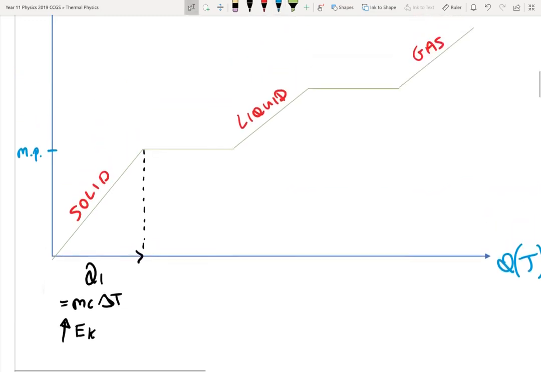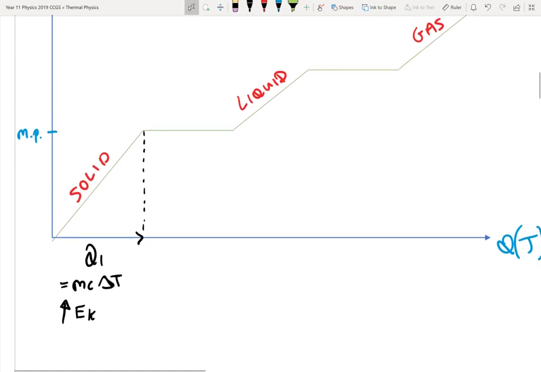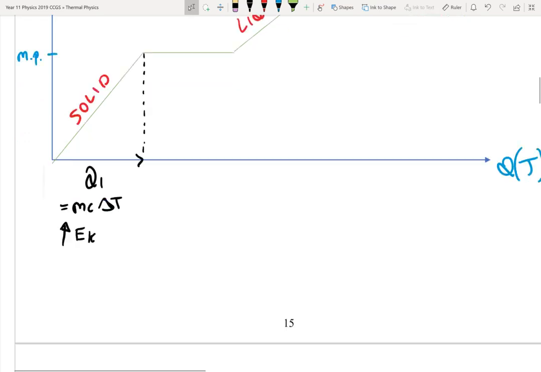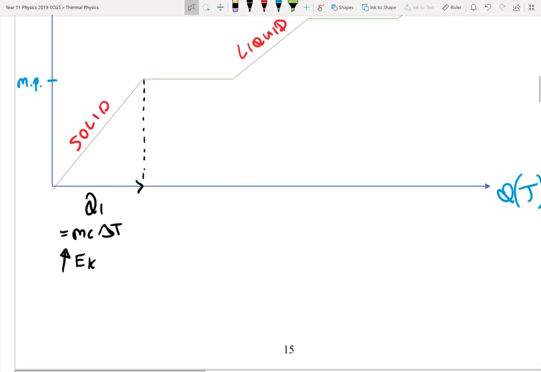If it was water, I would be writing 0 and 100, but this could be for any substance that goes through these three phases. So we'll just leave it as melting point. Then, this section here is the latent heat of fusion.